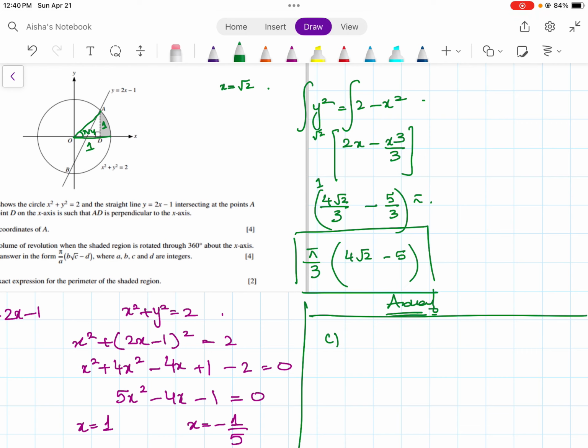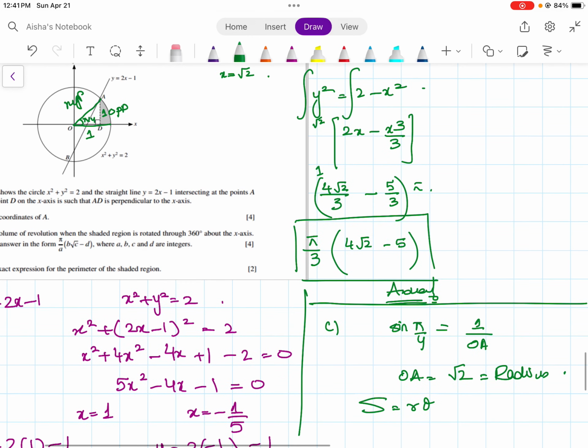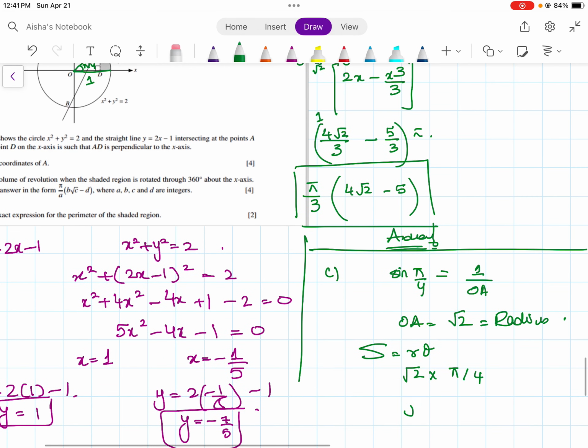Part C. So S is equals to R theta, but you don't know R. Opposite hypotenuse. √2 is my radius. S is equals to R theta. R is what, we have √2. Exact expression, so I will leave it like this.